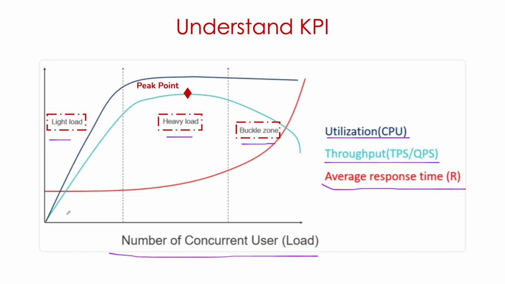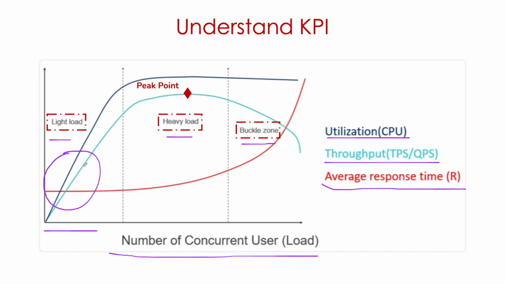So in the very beginning, when the stress testing is triggered, there are not many concurrent users. The system is under light load, with acceptable utilization, throughput and average response time. Everything looks fine.